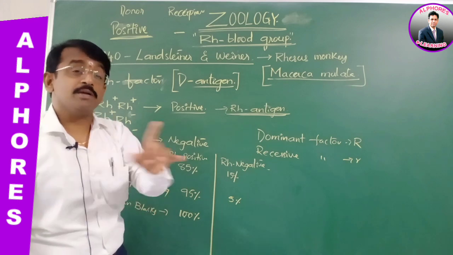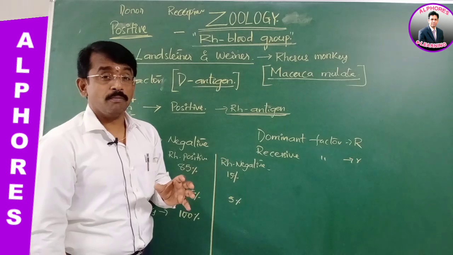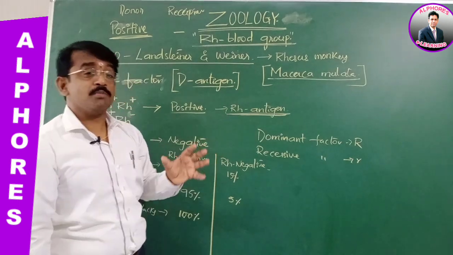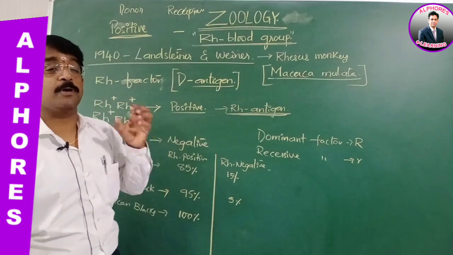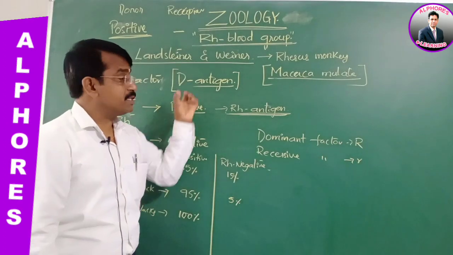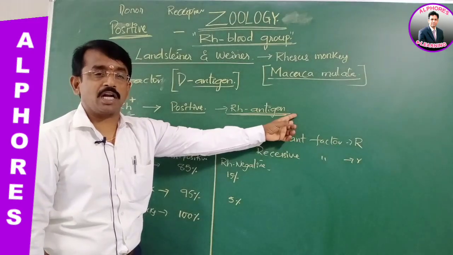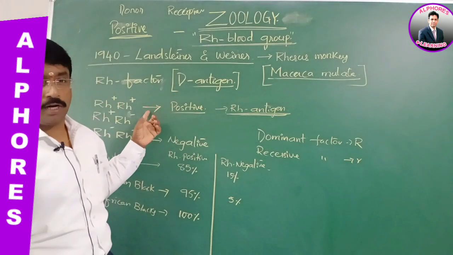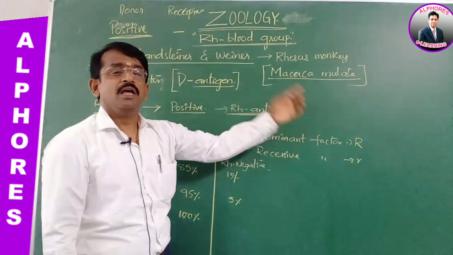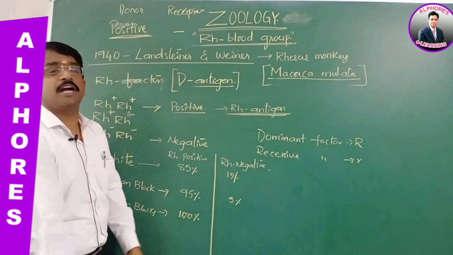But Rh antibodies do not exist. So, as Rh antibodies are not existing naturally, Rh antibodies are produced when positive blood is injected into a negative individual. While blood transfusion, if positive blood is given to a negative individual, there is a chance of production of Rh antibodies.